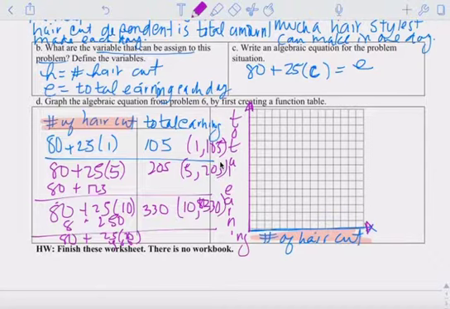Because 10 is 250, so 20 must be 500 plus 80. So $580. 20 haircuts, $580. Uh-oh, wrote it wrong. And that's how you do that.